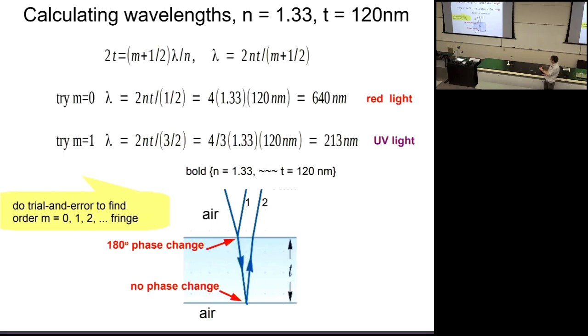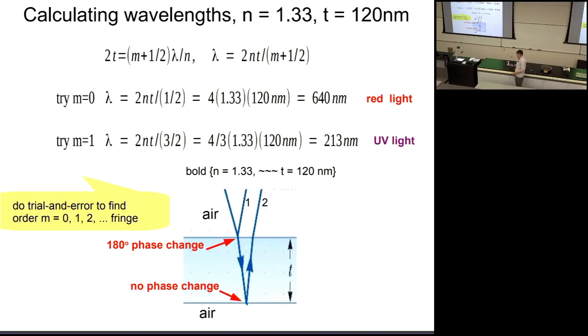It's that extra distance, 2t, is a half integral number of wavelengths in the soapy liquid. So this is the equation that I introduced. I've rearranged it, though, for the wavelength in terms of the thickness of the soap bubble and the refractive index of the material.